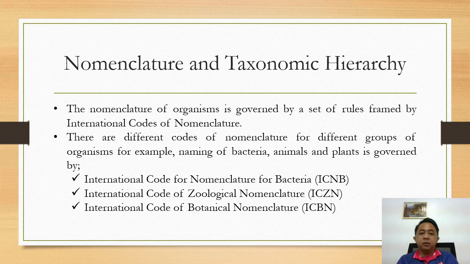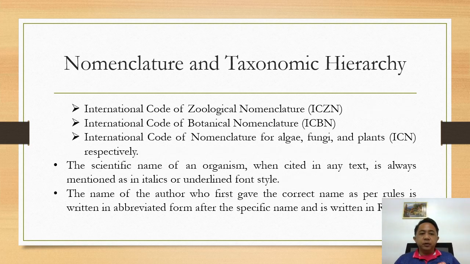Okay, so zoological pertains to animals, while botanical pertains to plants. And then we have the last one, the International Code of Nomenclature for Algae, Fungi, and Plants, or the ICN, respectively. All of these international codes of nomenclature are responsible for properly naming and classifying discovered organisms.